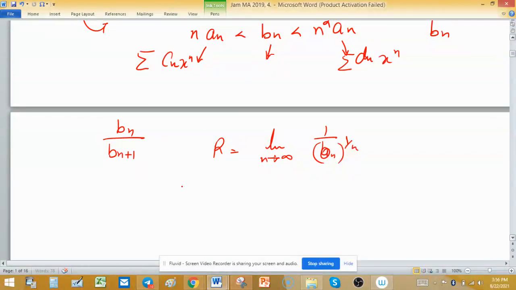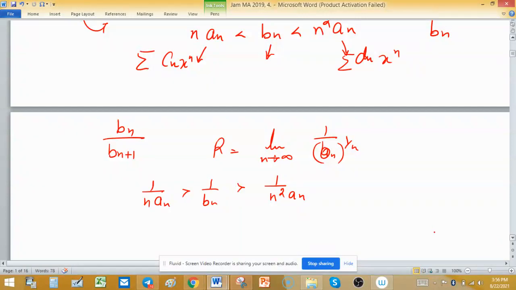So using this inequality I'm going to form this. First we have to take the reciprocal of this inequality: 1 / (n an) > 1 / bn > 1 / (n² an).